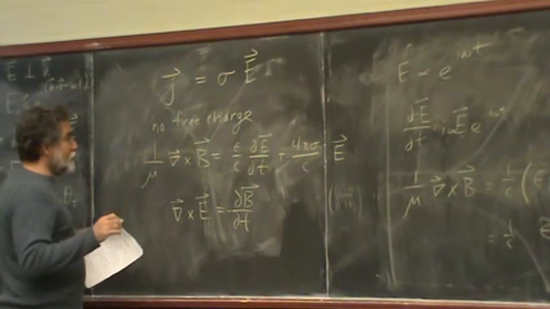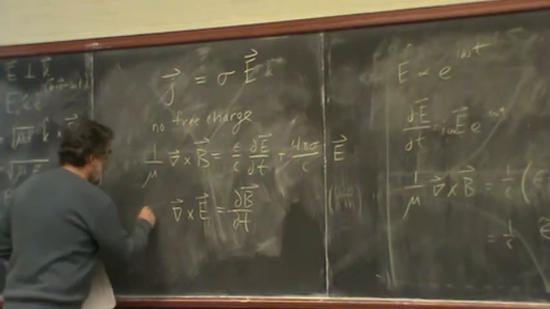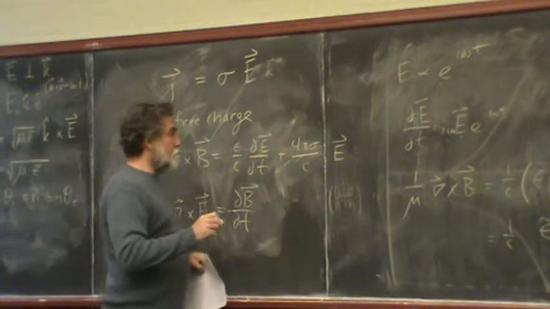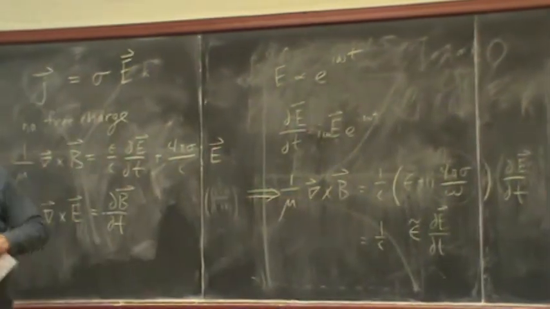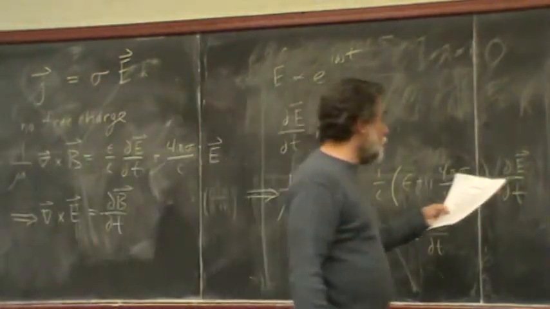But let's just say that we are using this and this together. Then you take the curl and deduce the wave equation from that.